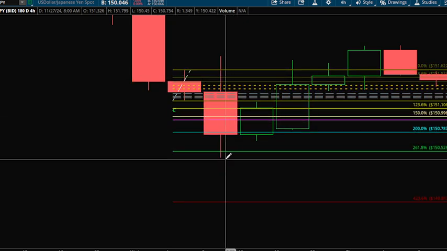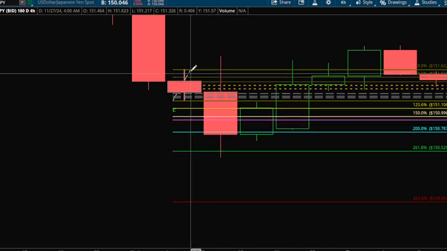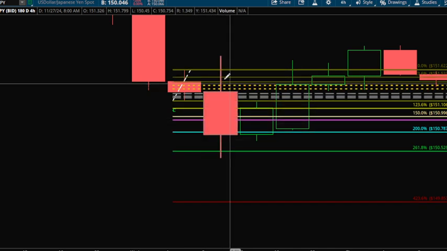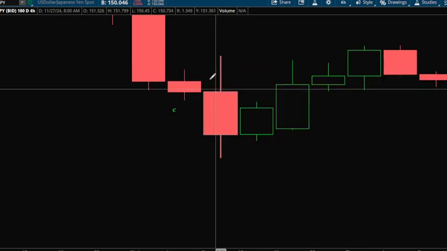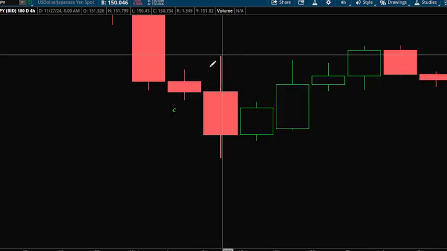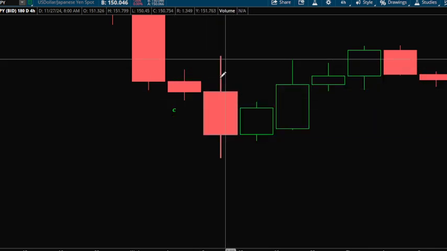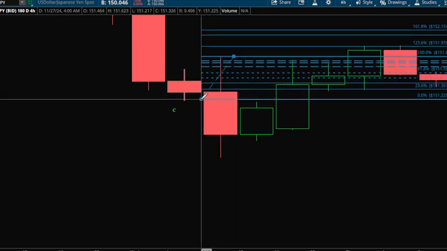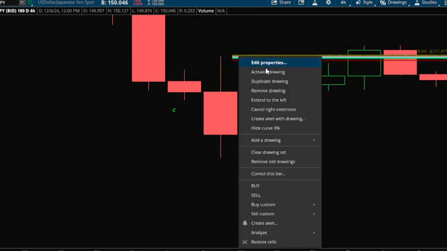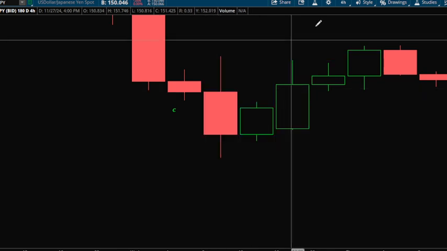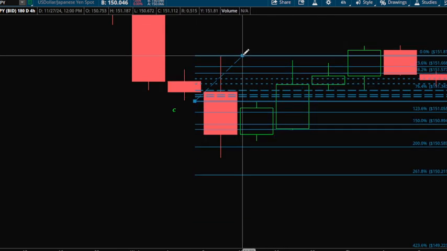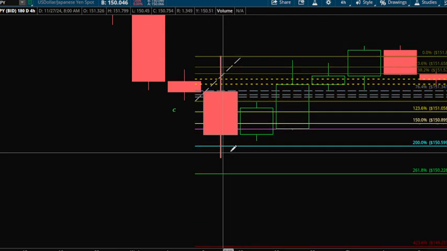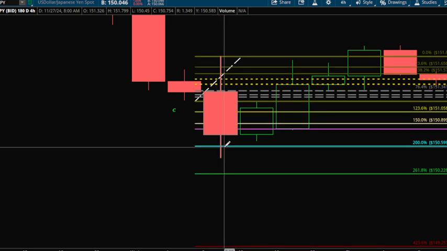This one's a little off on the B. Hold on a second. Let's see. So, and that happens, like I said, I'd have to break it down on the smaller time frame to figure out why that didn't hit on the 200 exactly.